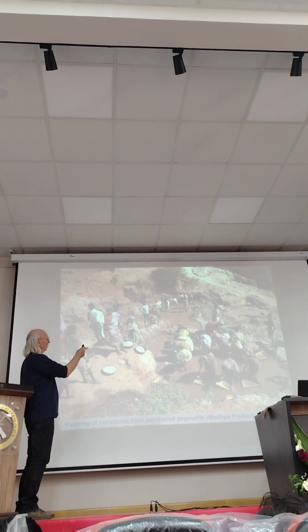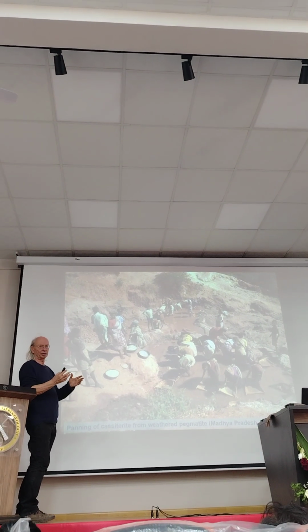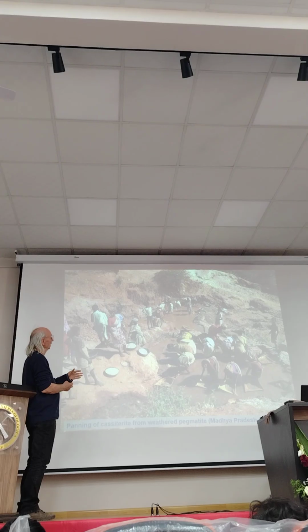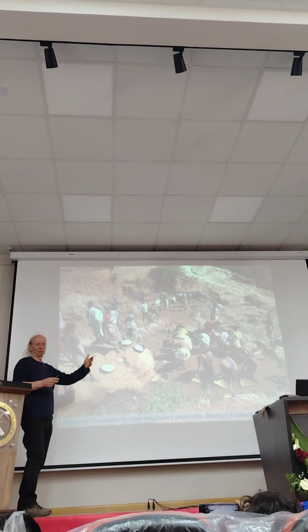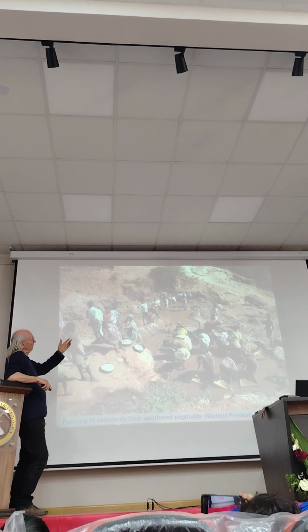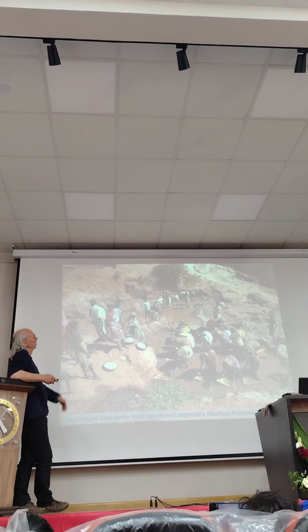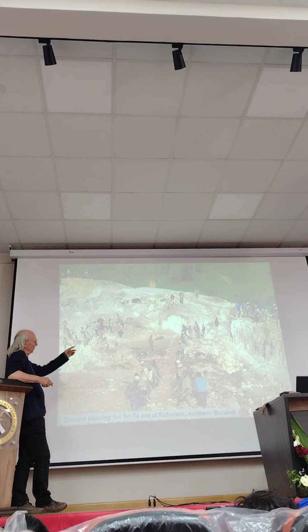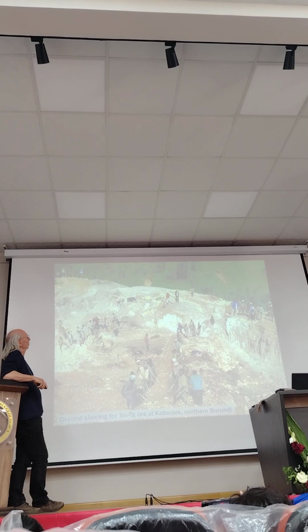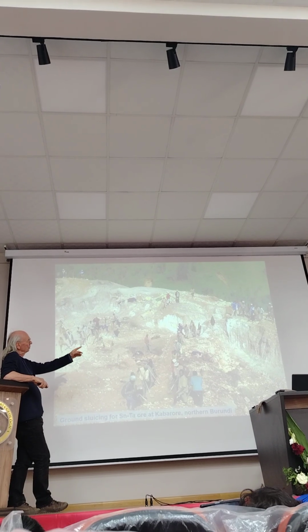All over the world you see people doing this very small scale mining. And what they are panning here is white. This is the pegmatite, so they are panning the weathered pegmatite. This is here in India, and this is here in northern Burundi. We call this ground sluicing.